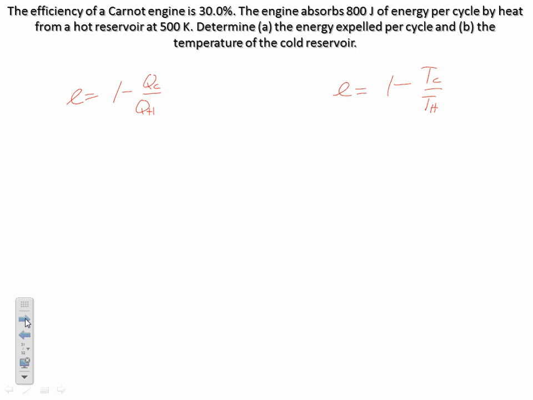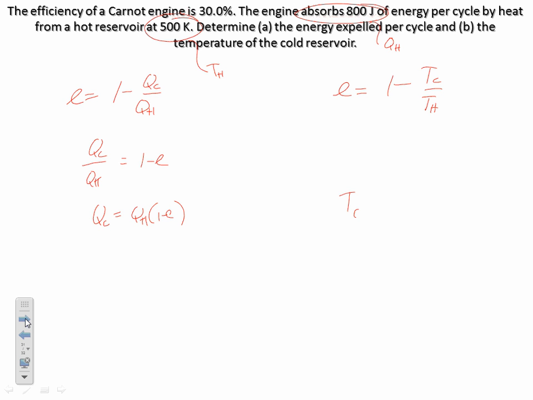So here is our hot reservoir, that's our T hot. It absorbs 800 joules of energy, that's our QH. We want the energy expelled, that's QC. This is going to say that QC over QH is 1 minus E, or QC is QH times 1 minus E. We want the temperature of the cold reservoir.